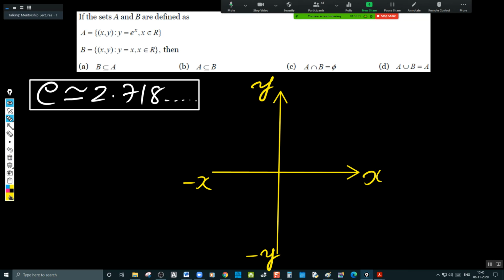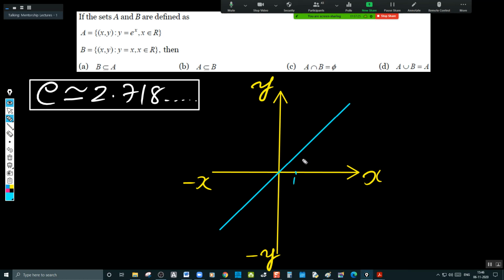Okay, if you want to see the line y is equal to x, it is the angular bisector of the coordinate axis, which consists of all the points where x is equal to y.